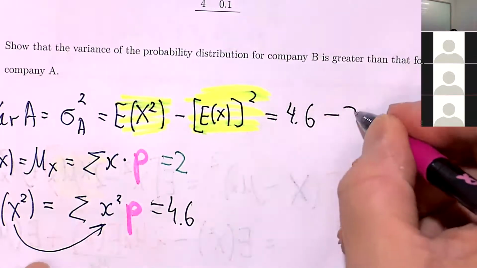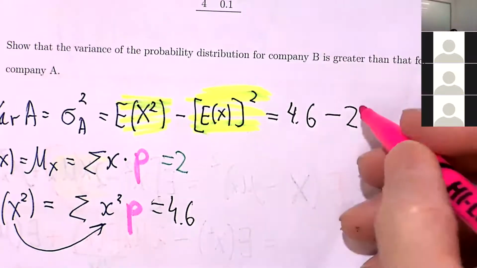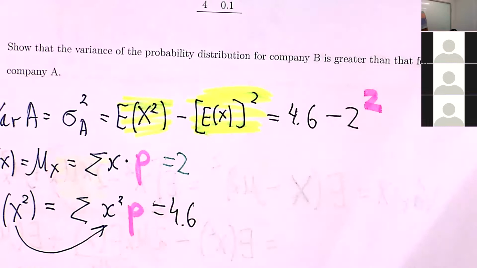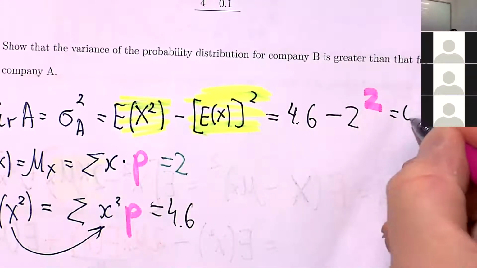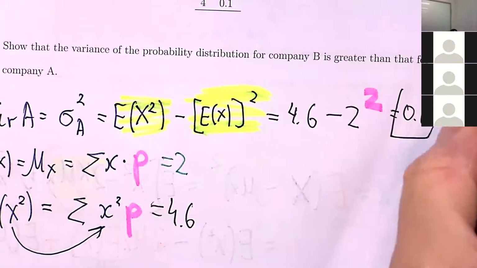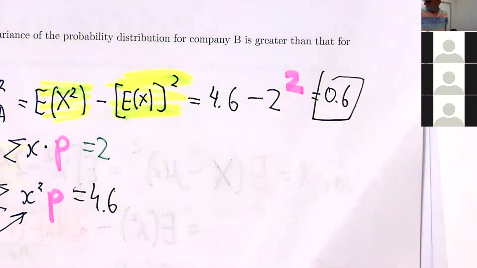So minus 2, 2 is the expected value, but squared. So variance is expectation of the squared minus squared expectation. And this is 0.6. This is the variance.